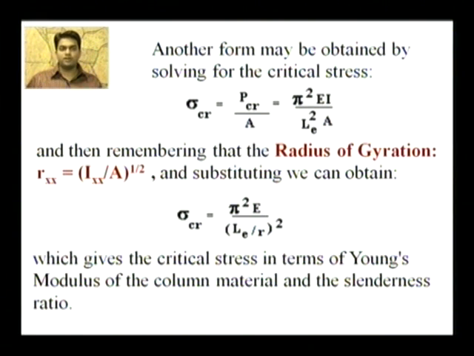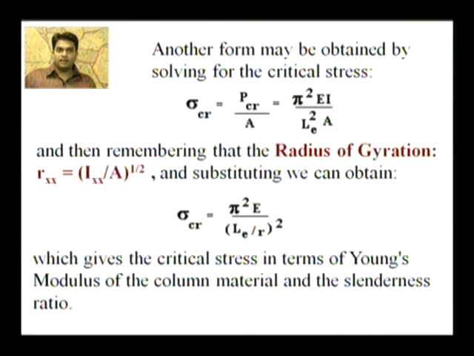Stress is equal to load divided by area, so we can say that it is PCR divided by A, pi square EI divided by LE square multiplied by 1 by A, and then remembering that the radius of gyration Rxx is equal to I by A under the root, and substituting we can obtain the critical stress is equal to pi square E divided by LE by R whole square.